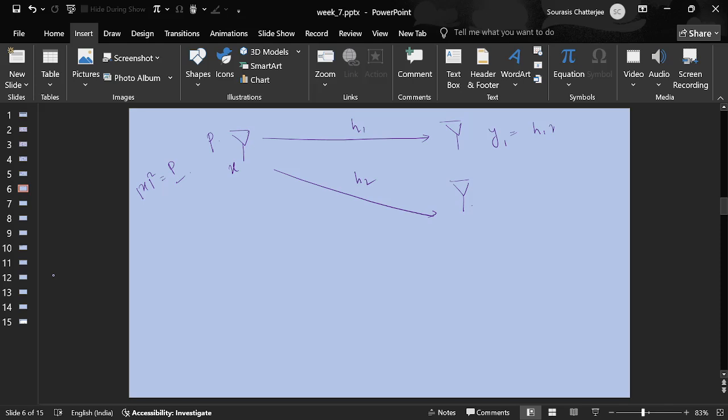And Y2 is H2X plus N2. So compared to the single input single output case, what benefits can you say come from having multiple receive antennas, because my transmit power remains the same? This is receiver antenna 1, this is 2.